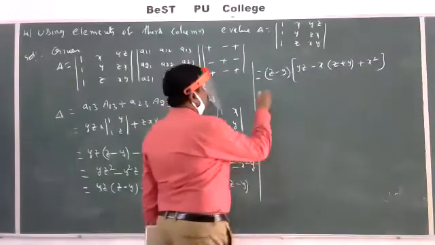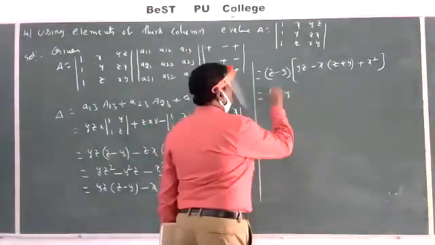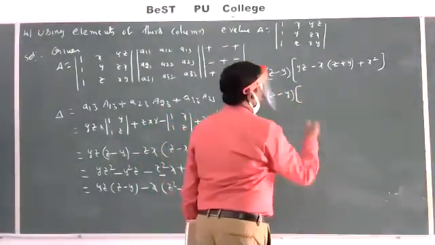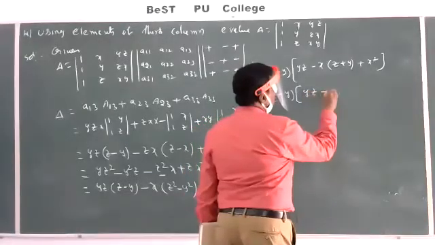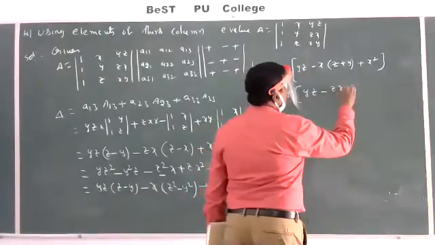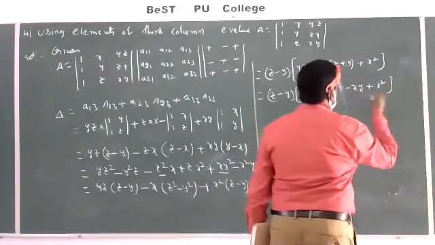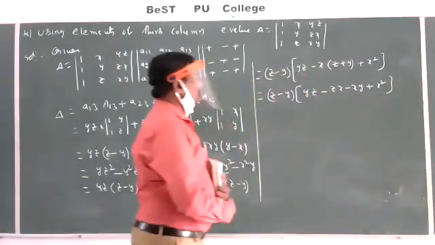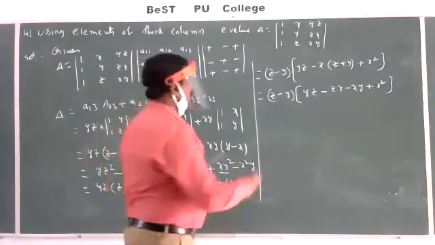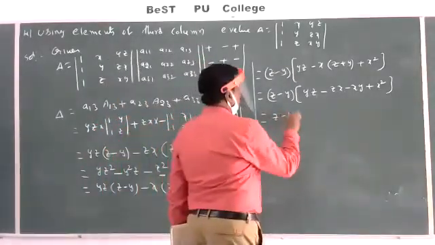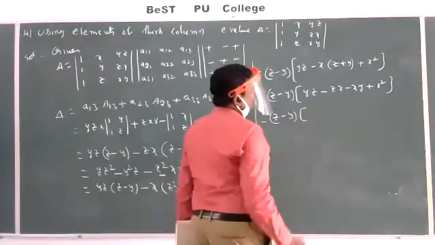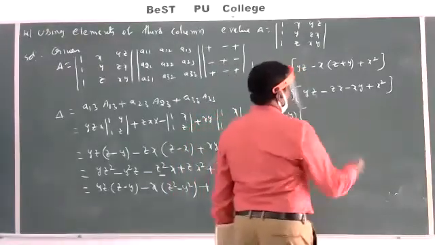Now again here, z minus y times (yz minus zx minus xy plus x squared). Now see that here z minus y is common.